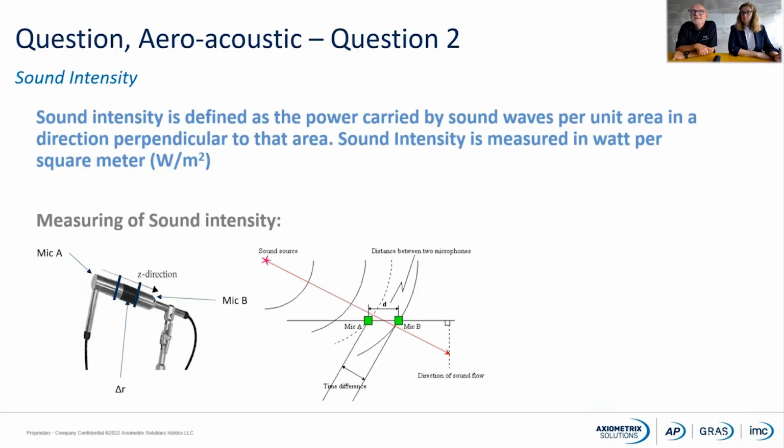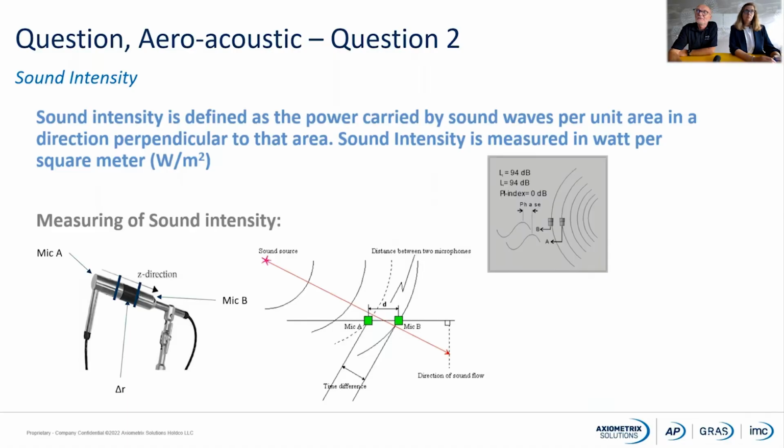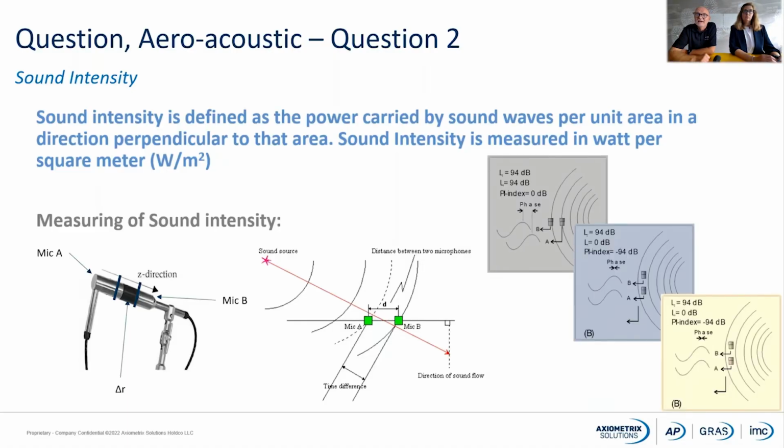The principle in sound intensity is that we have these two microphones, and these two microphones will measure the time difference between the two microphones. And by knowing the time difference, and the distance between the two microphones, which is given by the little spacer, we are able to do a calculation of the sound, like we have here in the pictures.